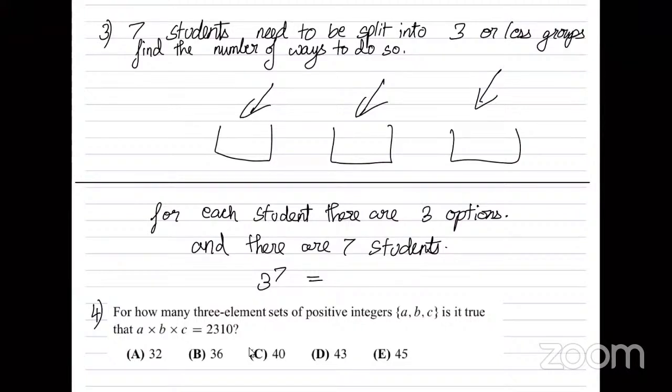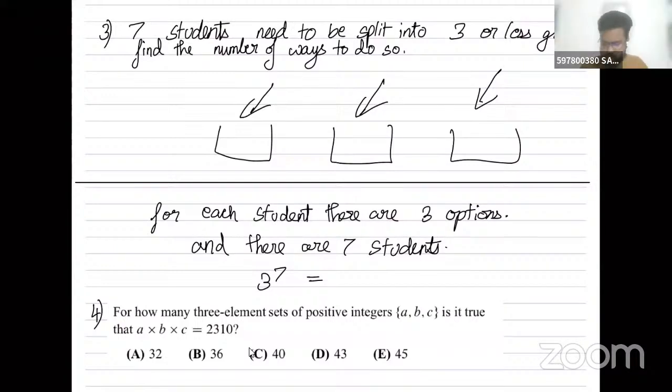So can one of the numbers be 1? Yeah, that is also allowed. Three element positive set. Again, think, question 3 and question 4 have the same exact logic. You just need to try to convince yourself that that is the case.